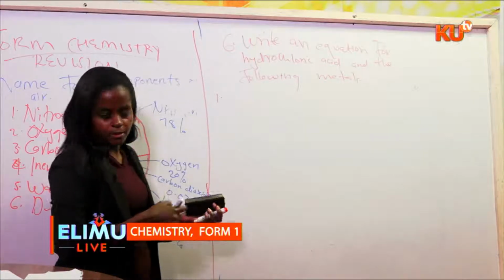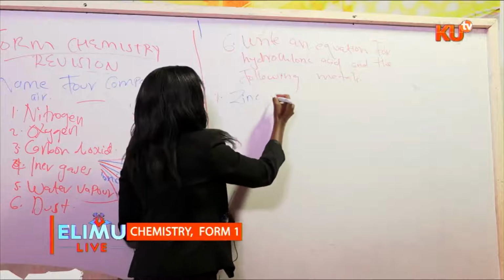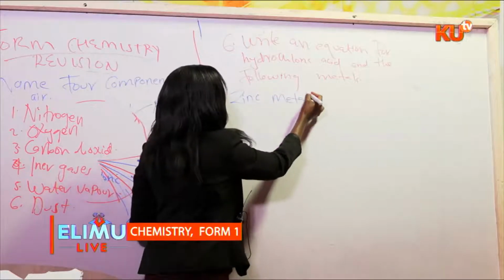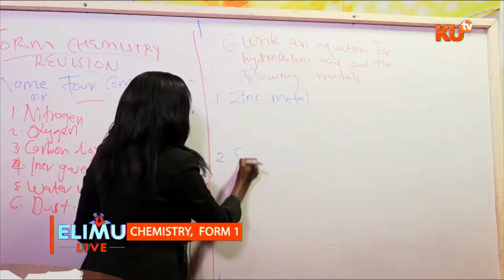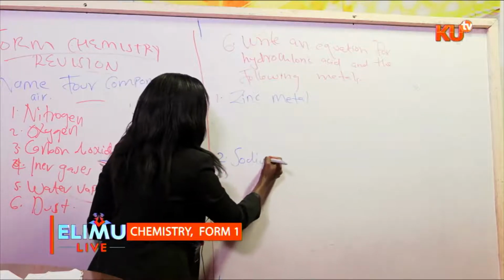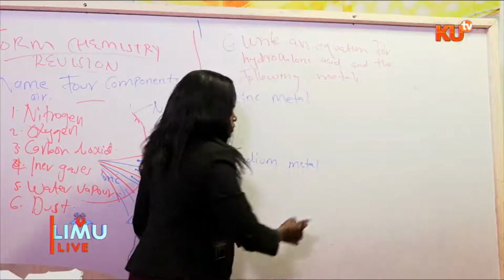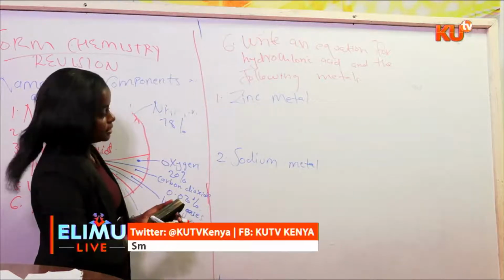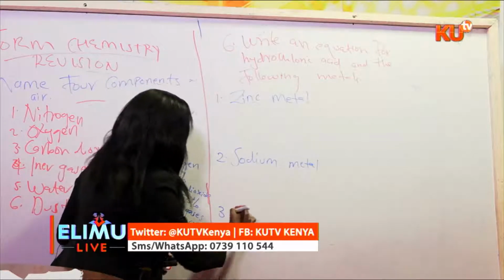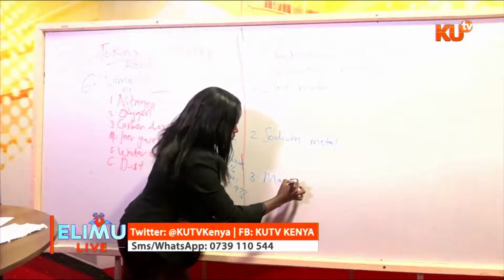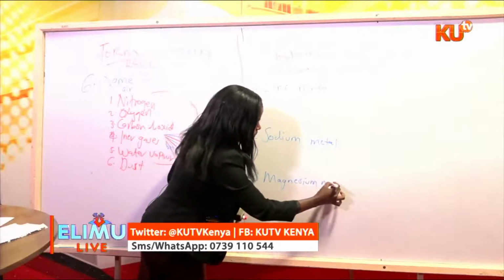So metal number 1 is zinc metal. Number 2 is sodium metal. Then the last metal is magnesium metal.